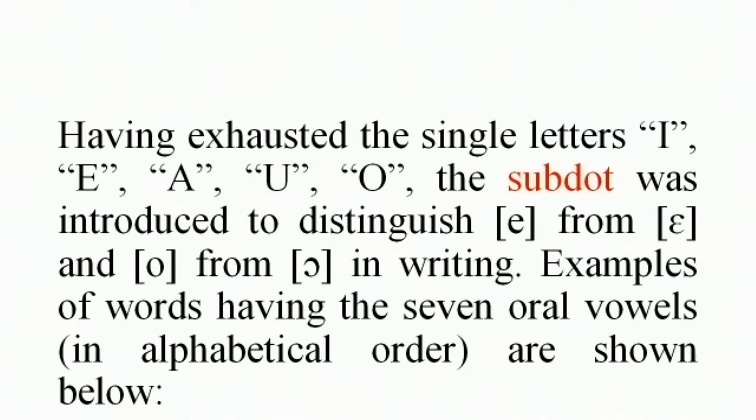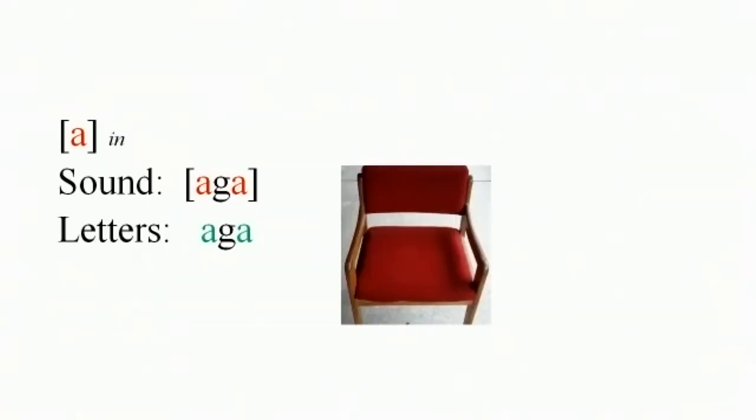So having exhausted the single letters I, E, A, U, O, the subdot was introduced to distinguish A from E and O from O. So without the subdot, we are not able to make that distinction. So you have a writing now.